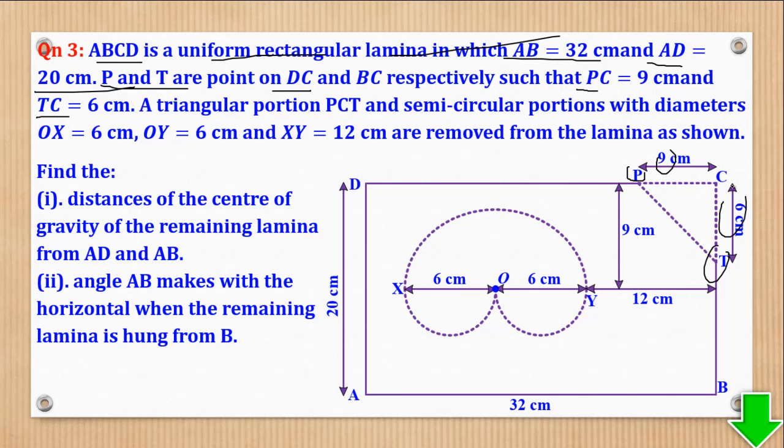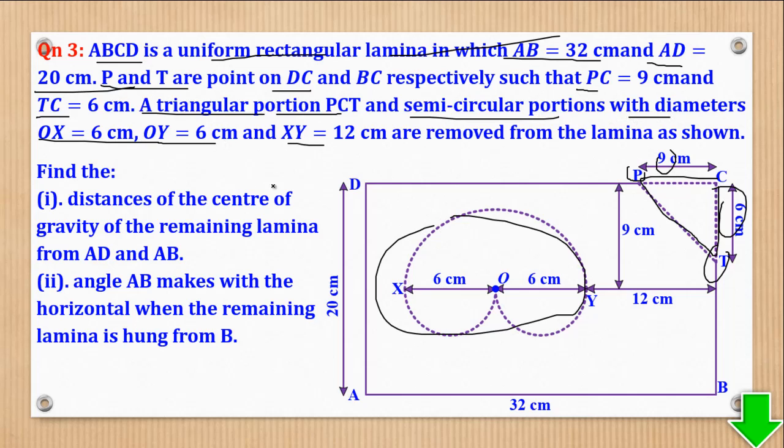A triangular portion PCT and semicircular portions with diameters OX, OY, and XY, all these ones, are removed from the lamina as shown. Find, Roman 1, the distances of the center of gravity of the remaining lamina from AD and AB.